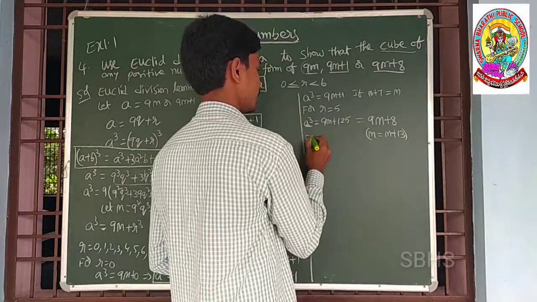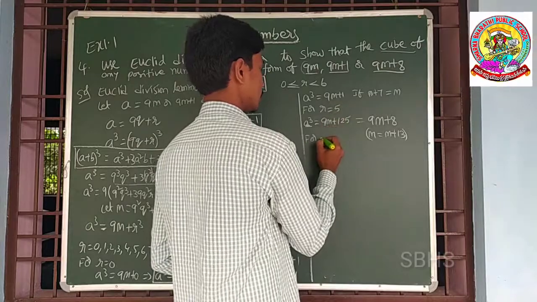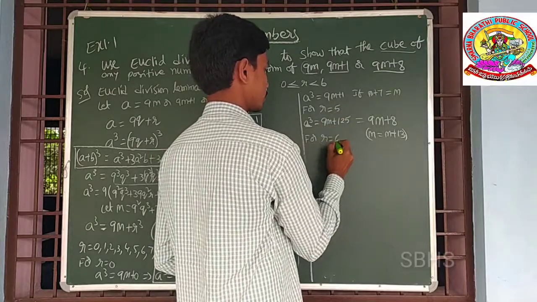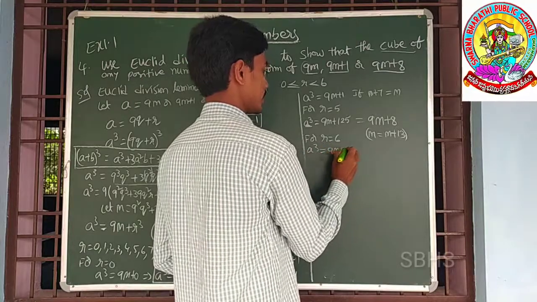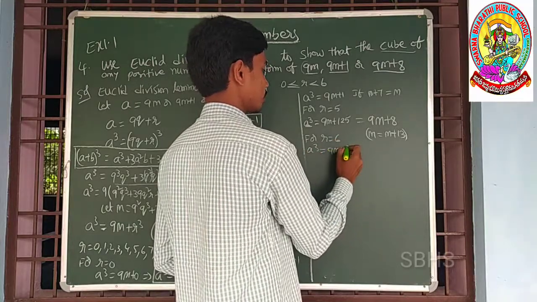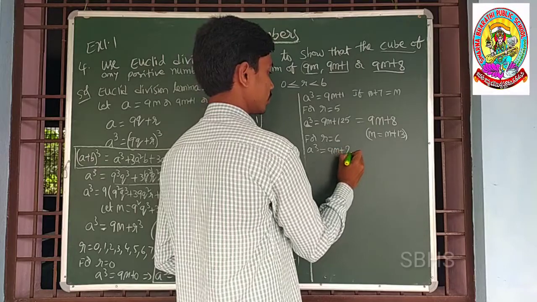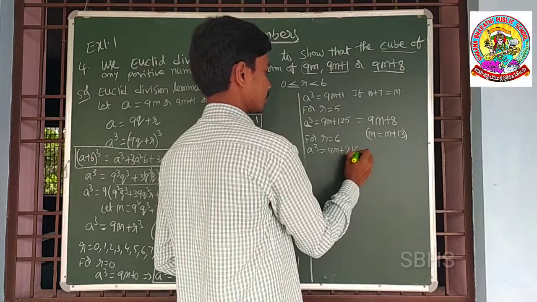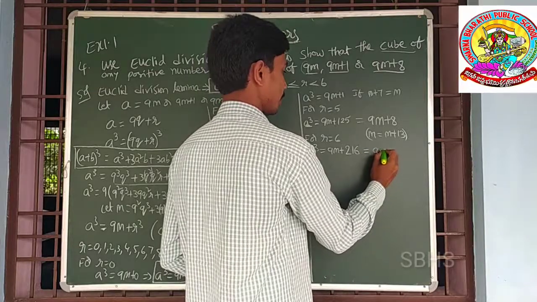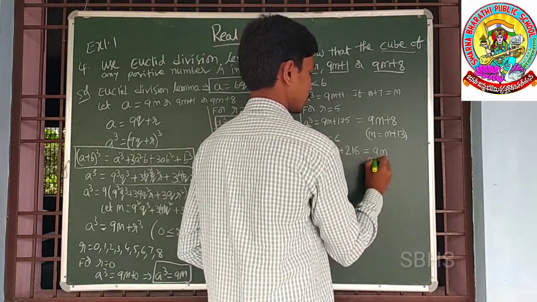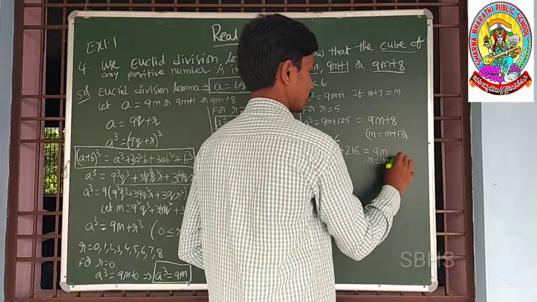Next, for r is equal to 6, a cube is equal to 9m plus 6 cube. What is the value of 6 cube? 216. It is also expressed in the form of 9m. Here m is equal to m plus 24.